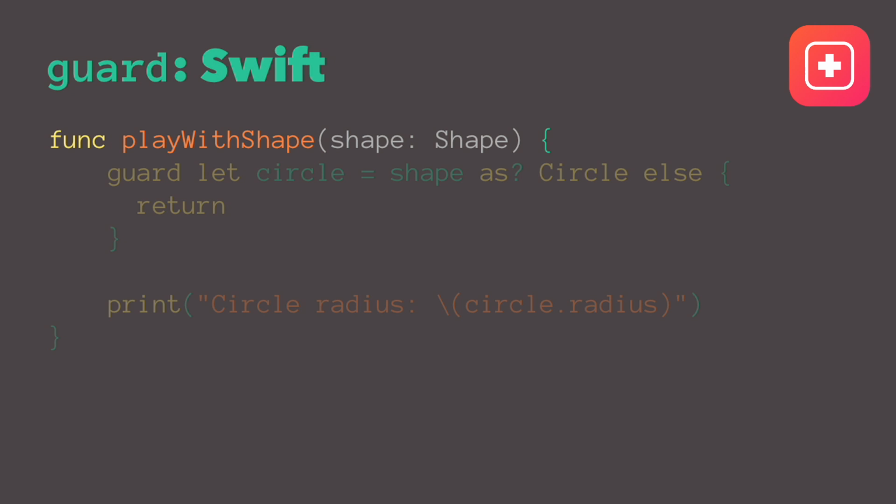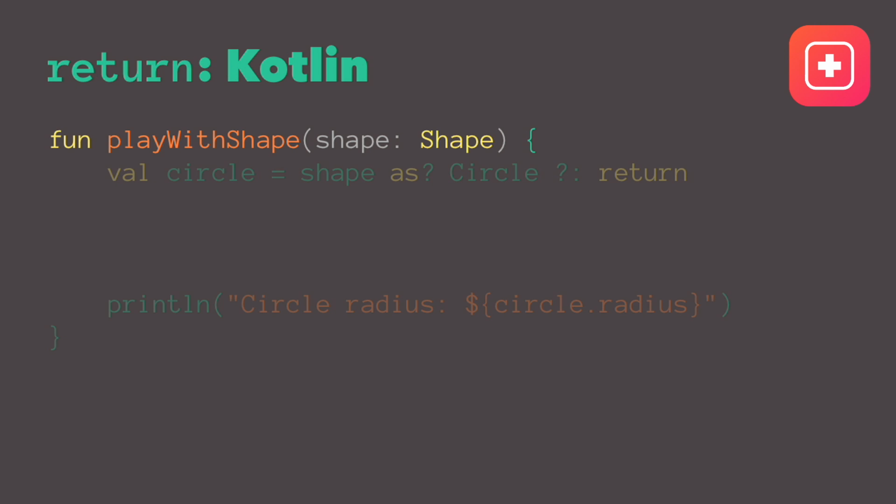Guard in Swift. So again, let's define the play with shape method, and then we have this guard construct. So if shape is of type circle, set it to the circle constant, otherwise return. And then you know that circle is of type circle and you can use it. Kotlin doesn't have guard, but it has early return.